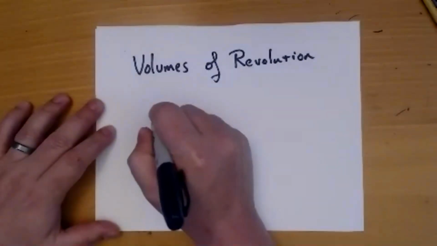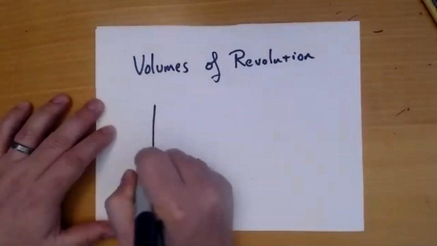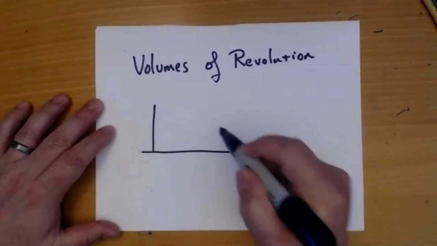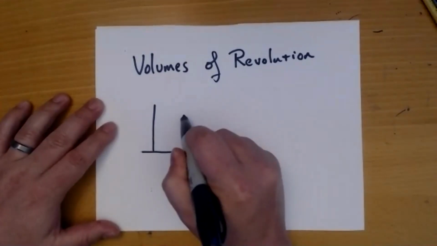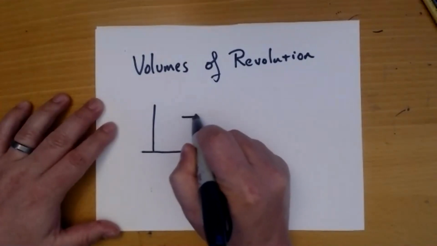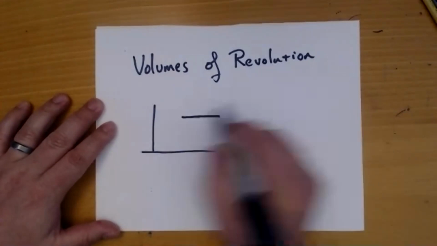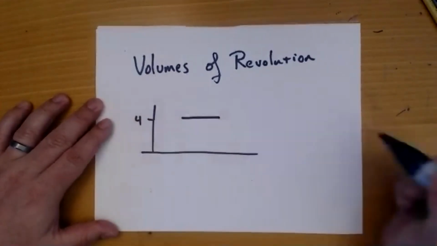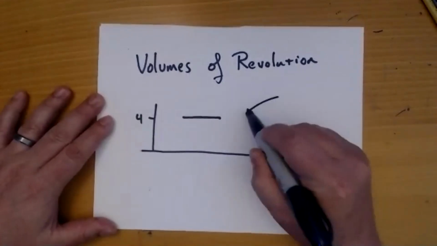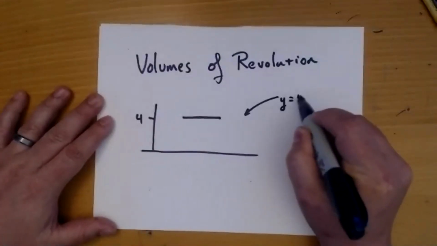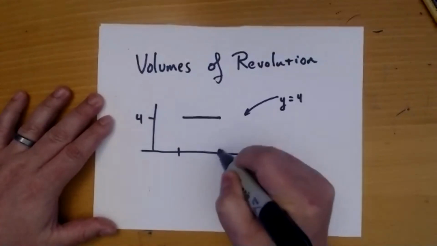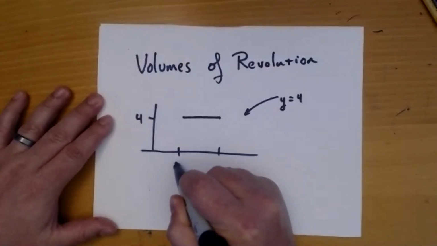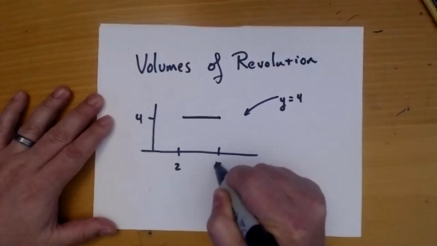Let's think about if I were to take a line segment, and I'm going to say this is at a height of 4. So we're talking about the line y equals 4, but I'm only really interested in it between 2 and 5.